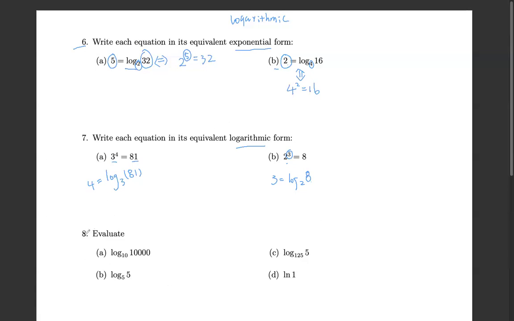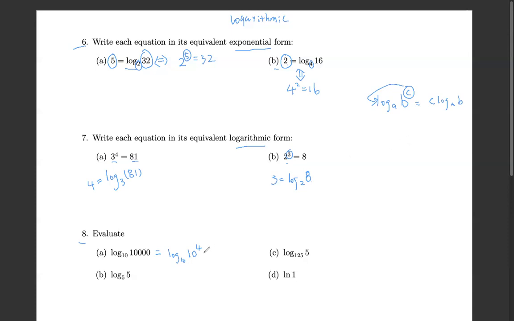Now let's see 8. We want to evaluate those. So how do we evaluate? This log, we can write as log base 10. Now this is 1, 2, 3, 4 zeros. 4 zeros we can write as 10 raised to 4. A log has many properties. If we have log of A, base B, raised to some C, then we can pull this C up front.